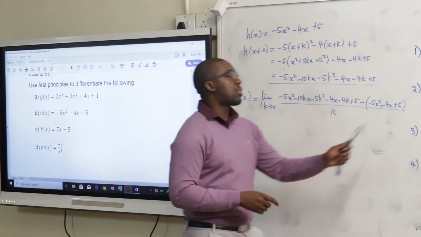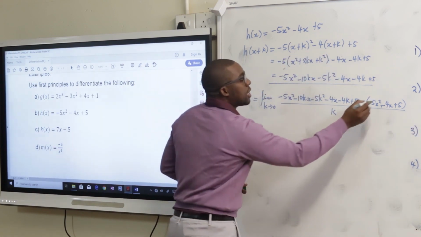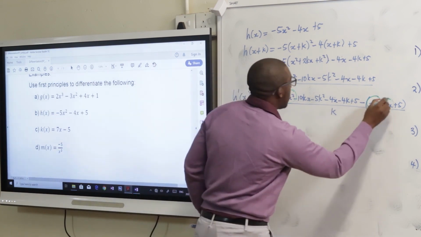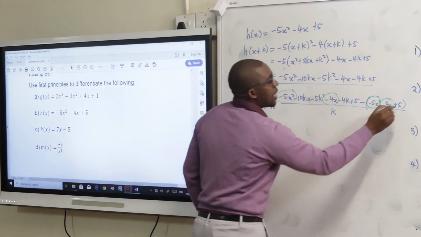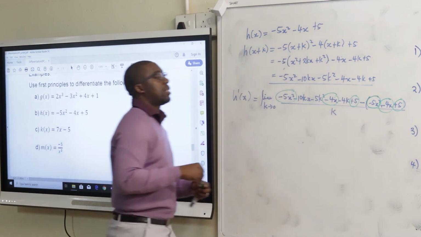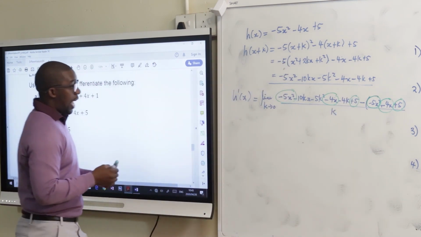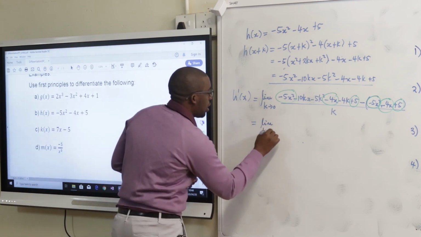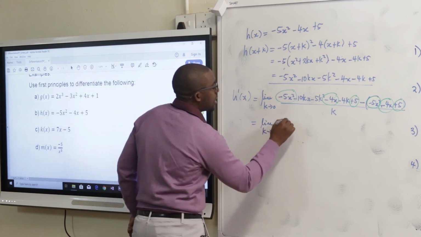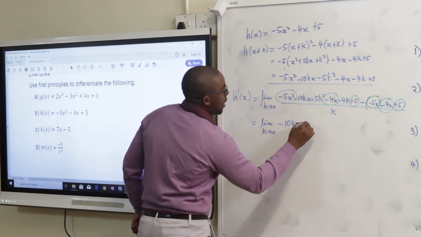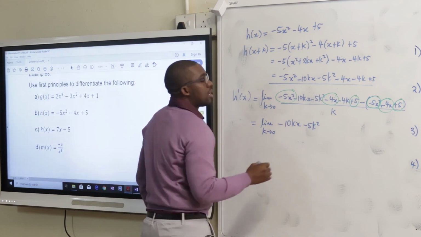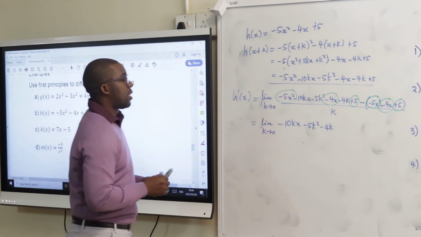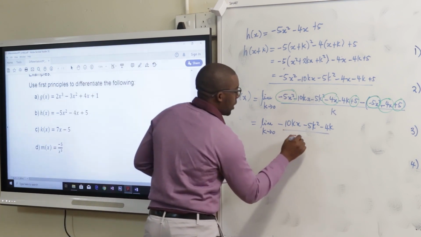Step number 2 says cancel terms from the original function. This term is going to cancel this one. This term is going to cancel this one. Lastly, this 5 will cancel that one. That is going to leave us with the limit as k approaches 0 of minus 10kx minus 5k squared minus 4k all over k.